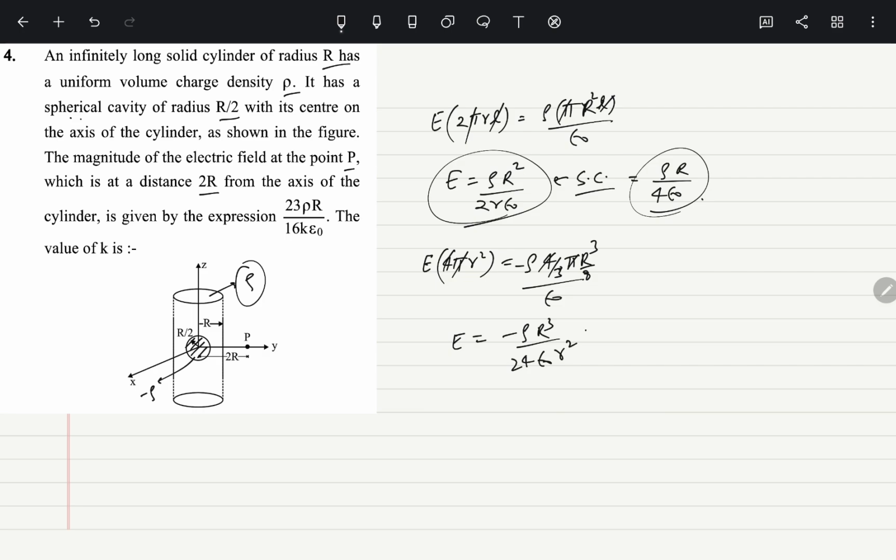The distance is 2r, so r square is 4r square, giving minus rho r by 96 epsilon naught. This is the electric field due to the solid sphere.